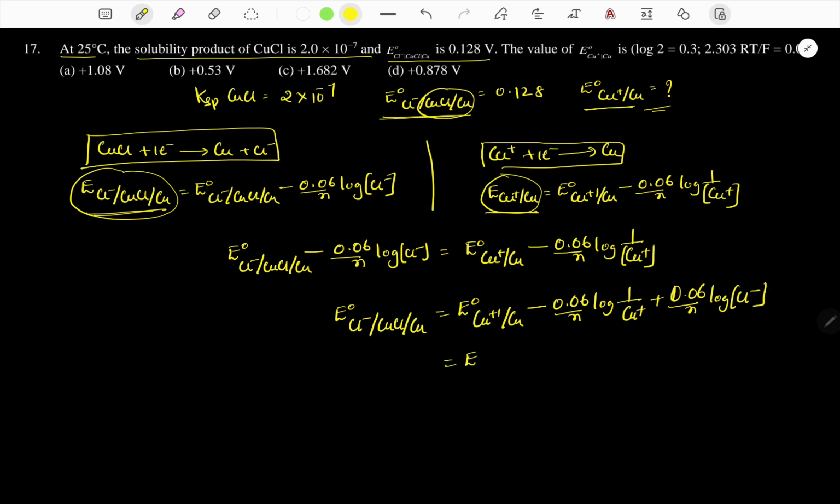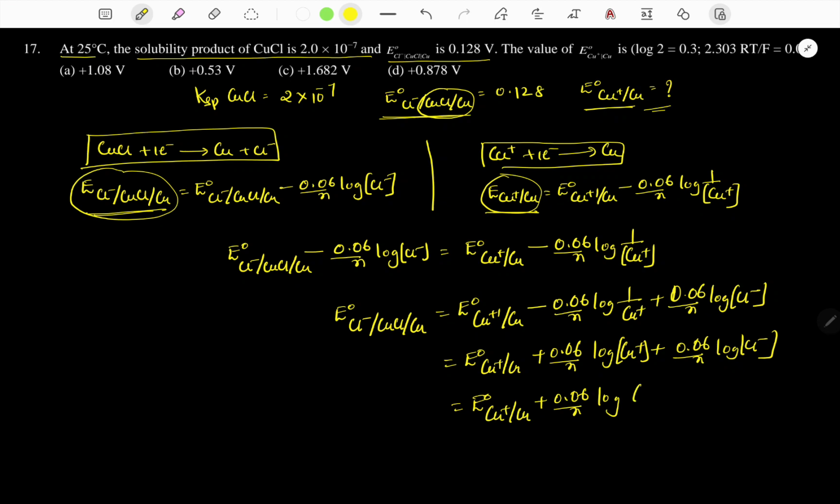So this can be written as E0 of Cu plus, plus 0.06 by n log of Cu plus concentration, plus 0.06 by n log of Cl minus concentration. And this can be written as E0 of Cu plus, plus 0.06 by n log of Cu plus concentration into Cl minus concentration. Therefore E0 of Cu plus to Cu, plus 0.06 by n log of Ksp. So this is the expression.